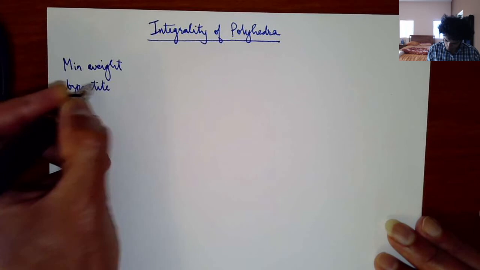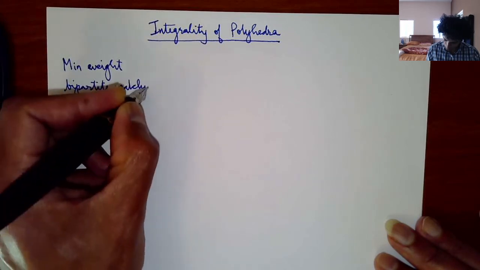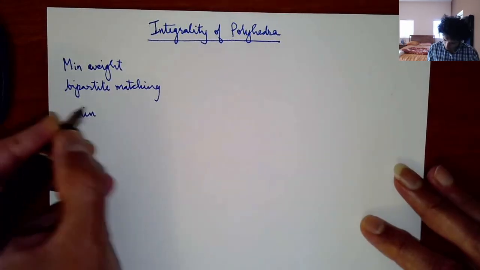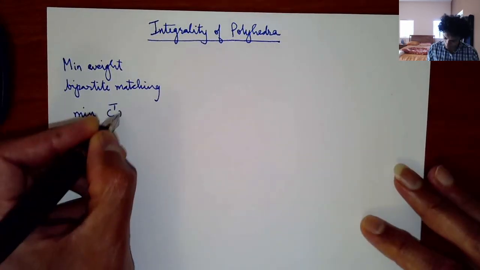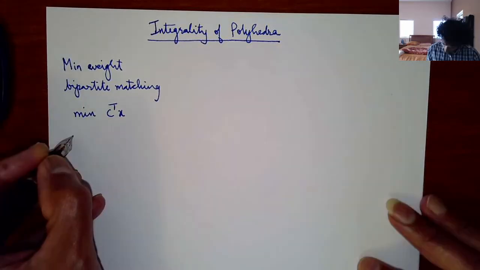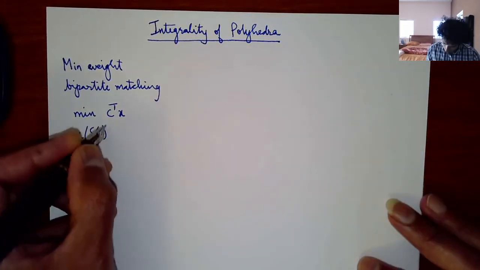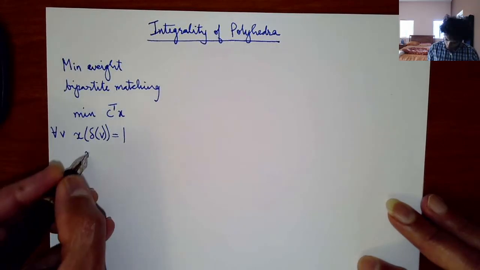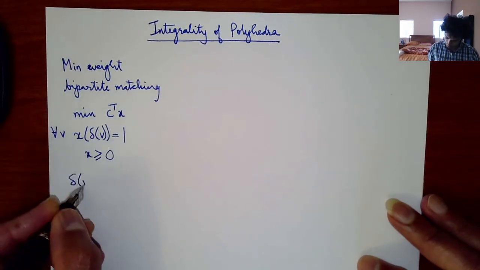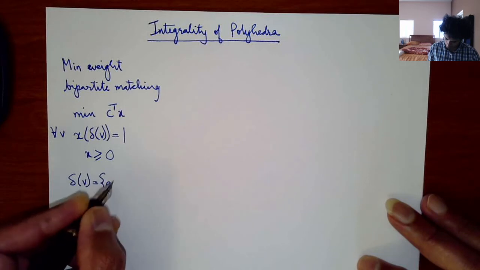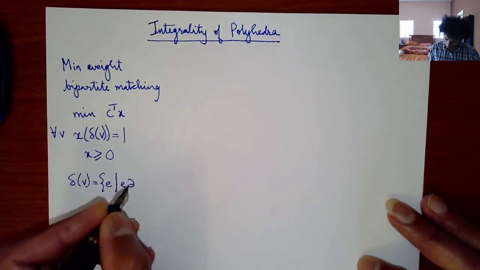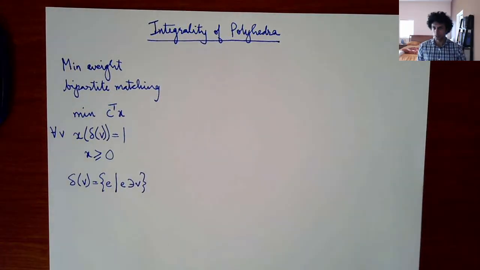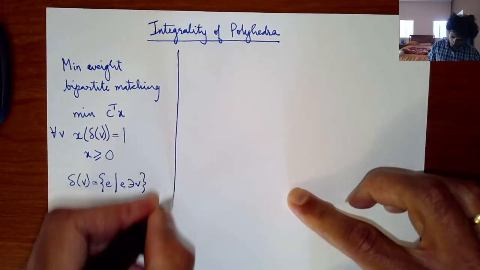This is the most recent one we've seen, and I'm writing the LP below it: x(delta(v)) = 1 for all v, and x ≥ 0. Recall that delta(v) is the set of all edges that contain v. So here was min-weight bipartite matching.